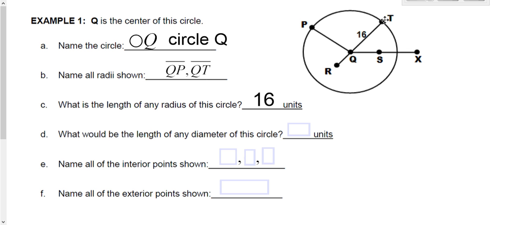A diameter, there isn't one drawn in here. I don't know why. But it goes all the way across through the center. And it's like having two of these radii. So 16 plus 16 would make 32, or 2 times the radius is the diameter. Name all the interior points. So here's the inside. We've got R, Q, and S in there.